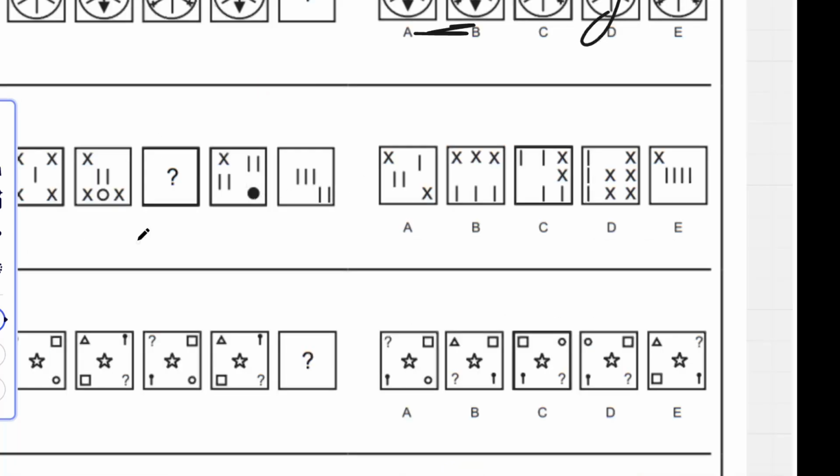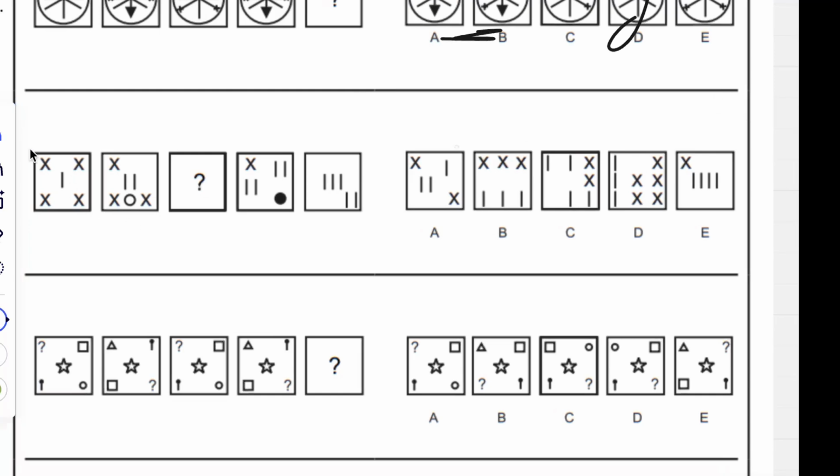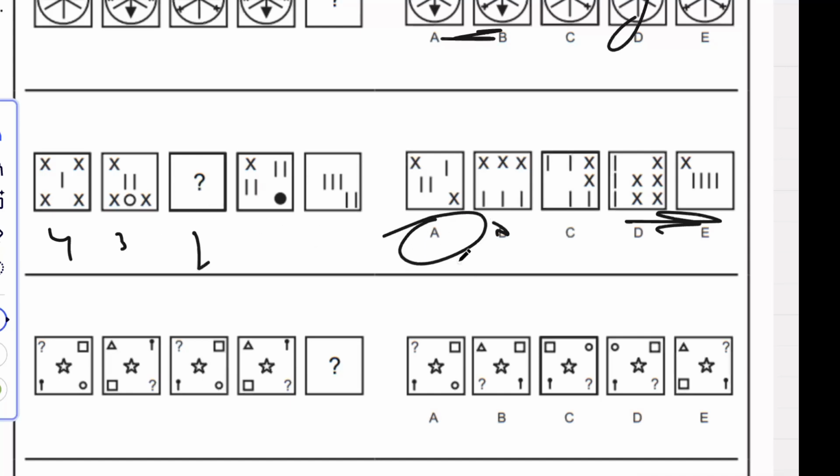The number of crosses are going down. It's got 4, 2, 3, 2. So we should have 2 crosses, which means we can cross out this and these. We have the number of lines. We should have 3 lines, and they go from the middle. We see they are always grouped together. They're never by themselves, so it has to be A.